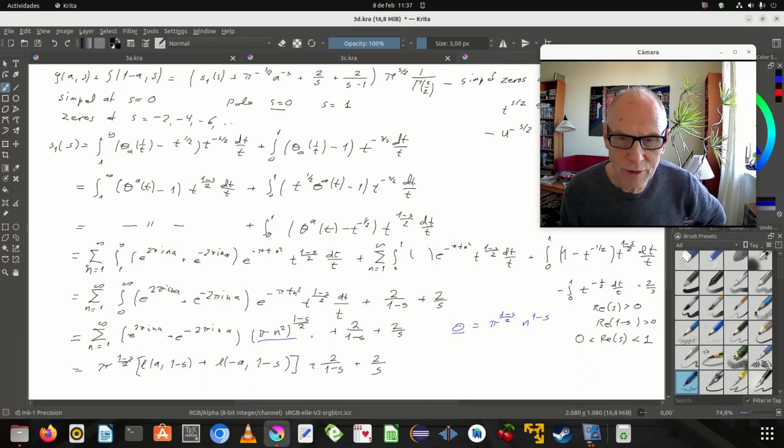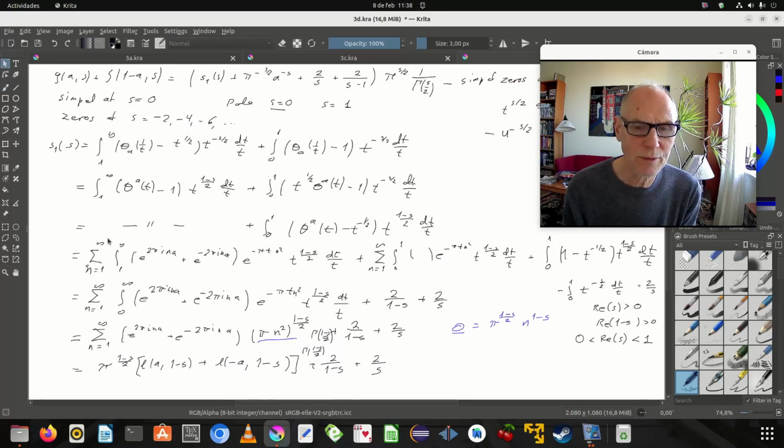So here we should have gamma of 1 minus s halves. So we should have gamma of 1 minus s halves plus the two guys. And now we just need to compute with what we've already got.